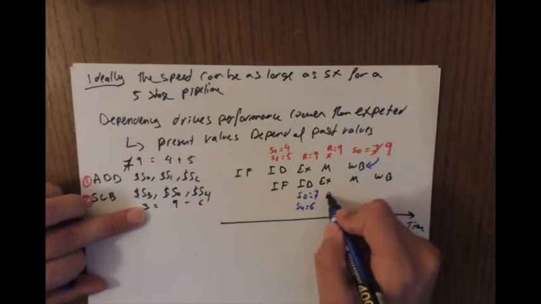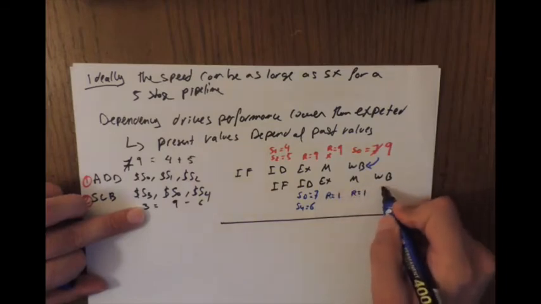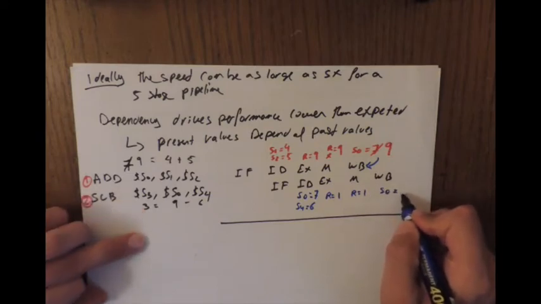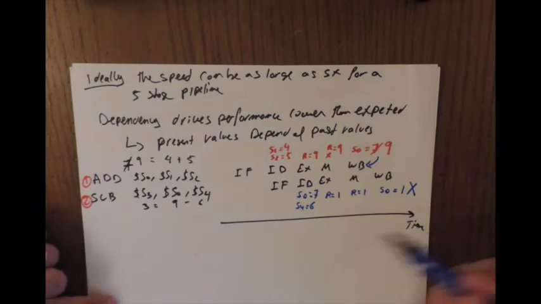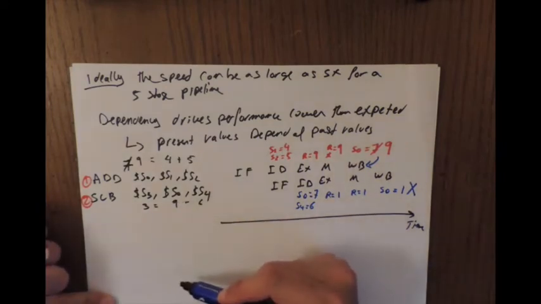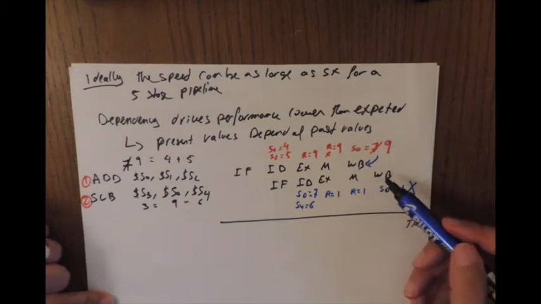Now the result will be equal to 1. The result stays here equal to 1, and then S0 is equal to 1, which is the wrong answer. So you see, when we have a dependency, the pipelining fails to operate correctly.